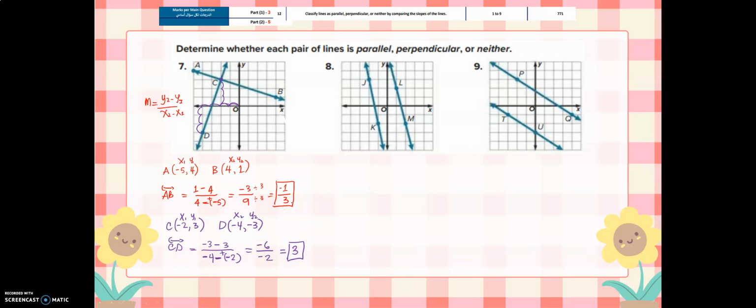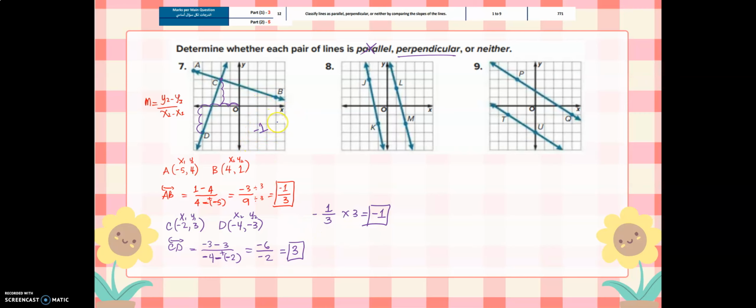They are not the same. So that means they are not parallel. Now we'll check for perpendicularity. How are we going to do that? We're going to multiply both slopes. So -1/3 times 3 is equal to negative 1. So the product of the slopes of these two lines is equal to negative 1.